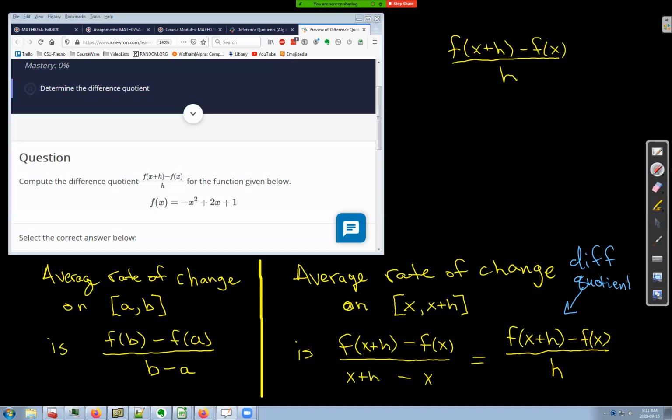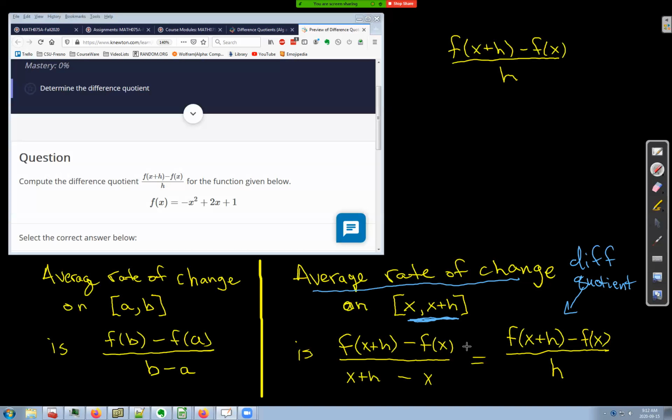So the point here is that the difference quotient is really just a special kind of average rate of change. It's a very specific average rate of change. It's the average rate of change on the interval from x to x plus h.